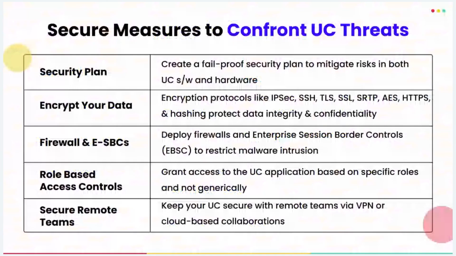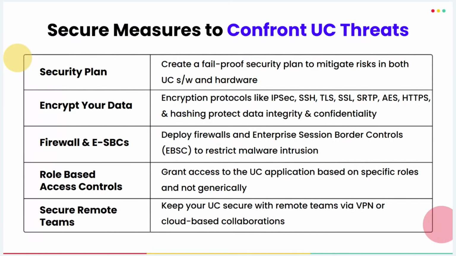So this one will help us understand what kind of solution or measure we can take to avoid these kinds of threats and vulnerabilities in your application, or on your server, on a unified communication platform.